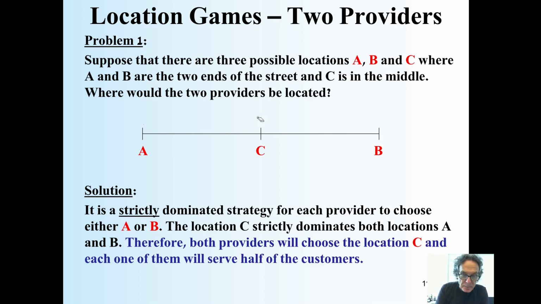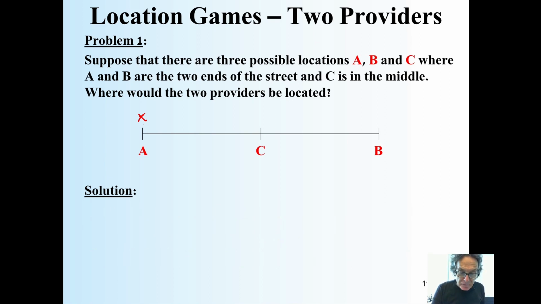Okay, suppose that you decided to locate yourself in A. Where should I locate myself? If I locate myself here, then what will I get? Half of this population will come to me, and everyone here will come to me.